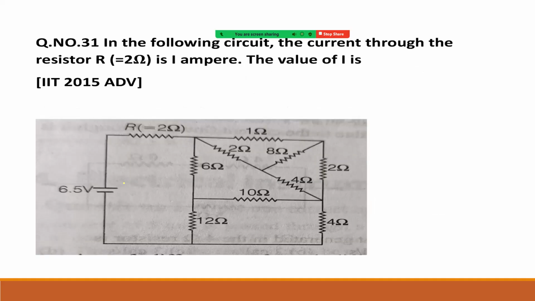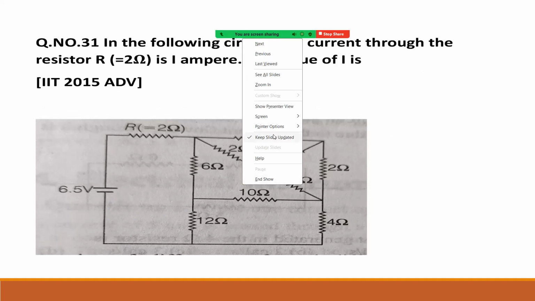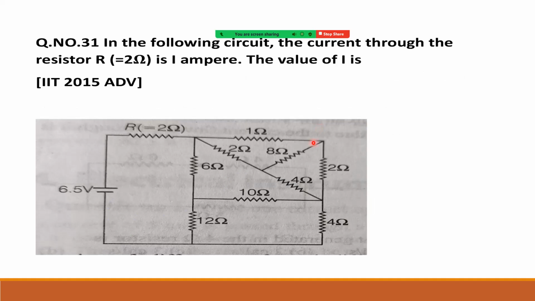See next one. Coming to next one. In the following circuit, the current through the resistor R equal to 2 ohm is I ampere. The value of I is, so circuit is very simple one. Let us see once.